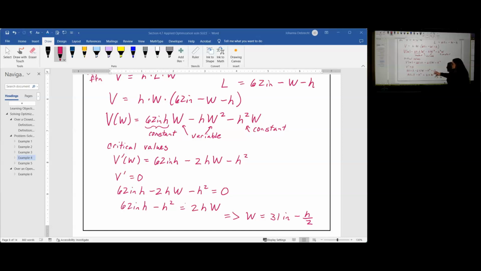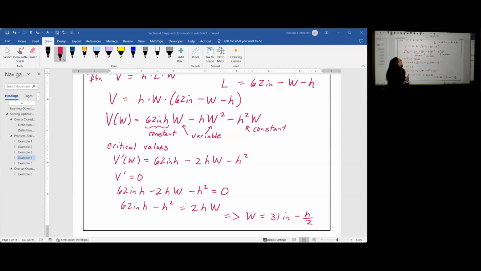Setting it equal to 0, I go ahead and solve for W. For W, I end up with the expression 31 inches minus H over 2, which means that in my equation for the volume, which is here, I can replace the W with that expression. Now, I could substitute it in here and work it out and try to prove that I get the original.